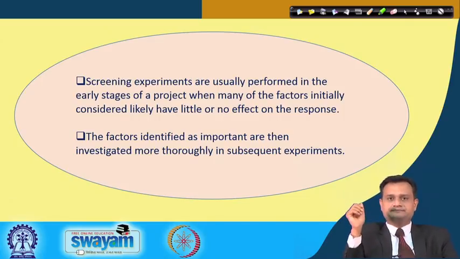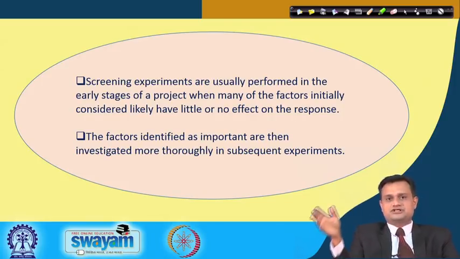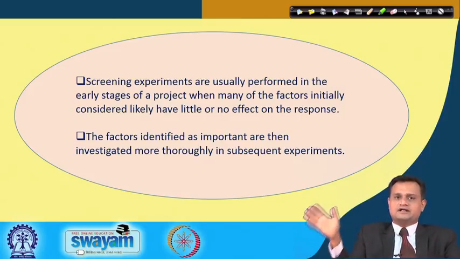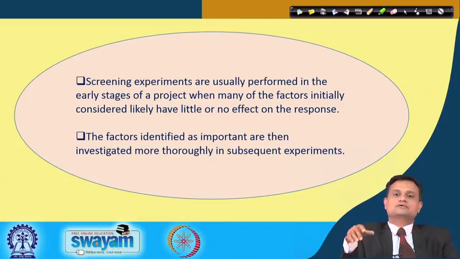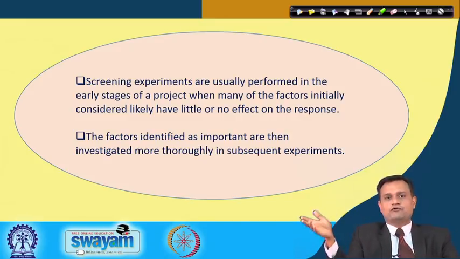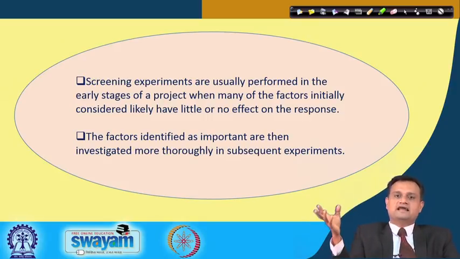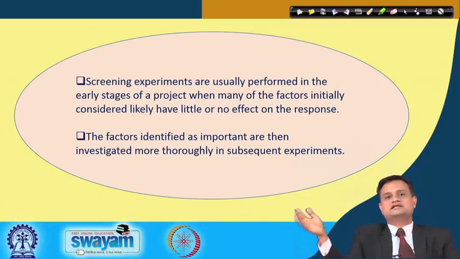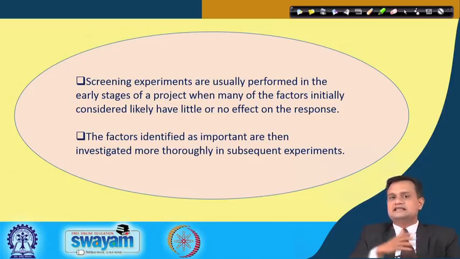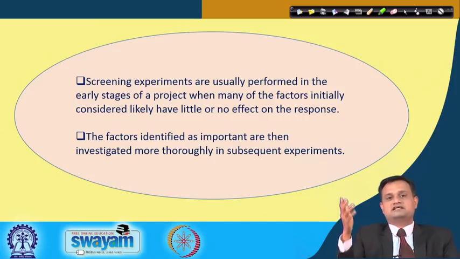Let us say factor A, skill level of the worker; factor B, state of the art technology or the efficiency of the machine; factor C, layout of your plant; factor D, morale of the worker; factor E, top management policies in providing necessary resources. Now these are the factors. Now let us say if these are 5 factors, then 2 raised to 5, there would be 32 experimentation trials you have to conduct.